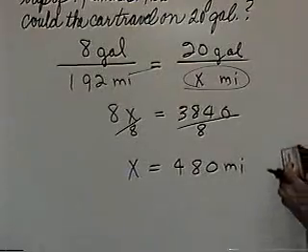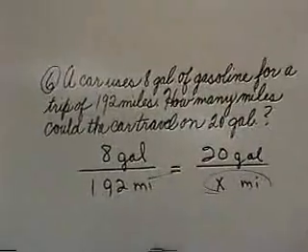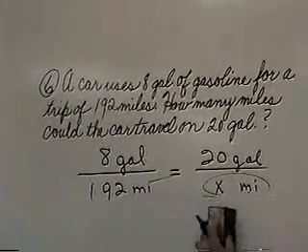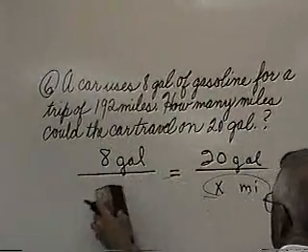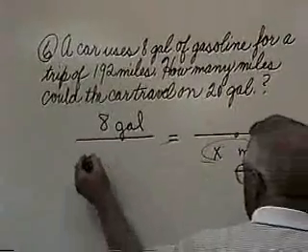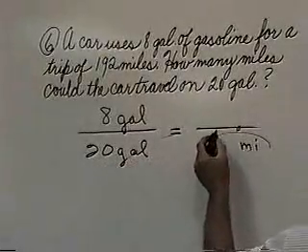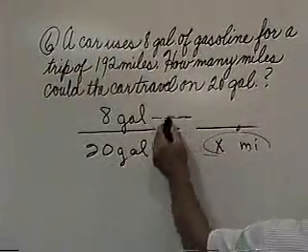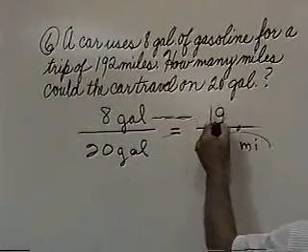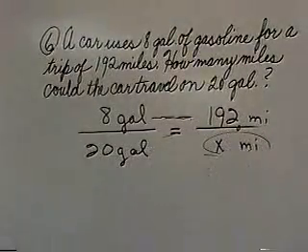Or, if, again, we want to put same words to same words, and if we did it that way, then what we would do is to put 8 gallons is to 20 gallons as what now? What connects with 8 gallons? We know that to be 192 miles, and the 20 gallons is what we're looking for.